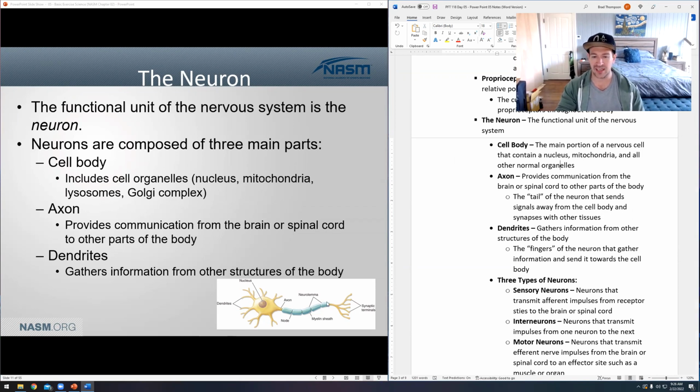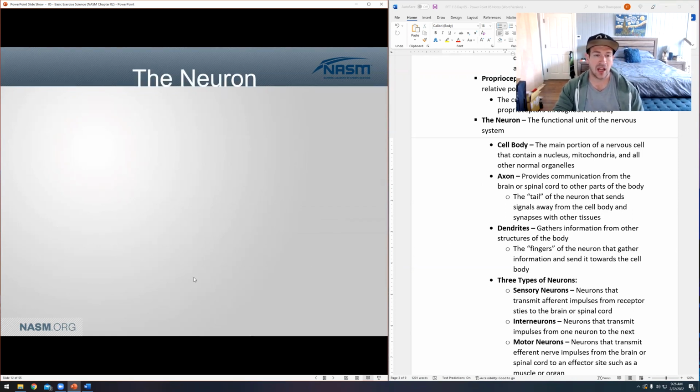This big long tail here allows us to cover a lot of ground whenever we're looking at a neuron, right? So the tail allows you to actually synapse because it's got more fibers at the end of that tail. So this dendrite here is going to gather information. It'll go into the cell body, travel down the tail, and then it'll interact with some muscle or gland, like I said.